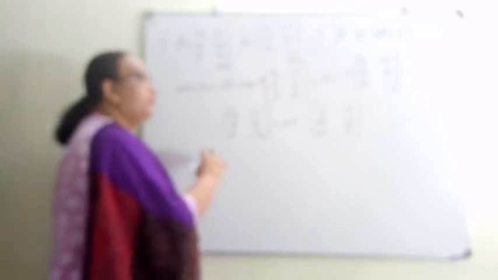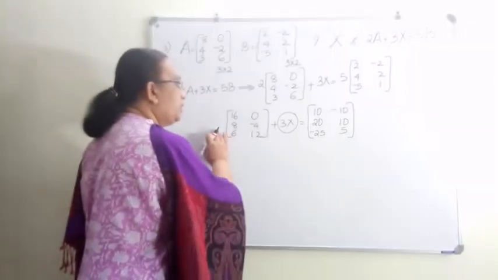But when you observe the left hand side, you can see 3X. X matrix is unknown to you. But there is another matrix. This is a positive matrix. It can be shifted to the right hand side. So when this positive matrix is shifted to the right hand side, it becomes a negative matrix.